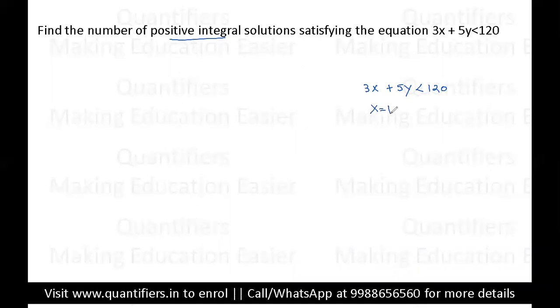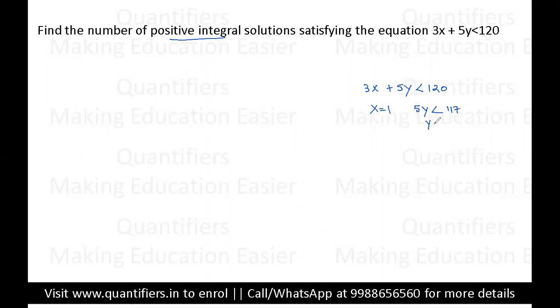Because the smallest possible value which x can take will be equal to 1. So students, now if x is equal to 1, we'll get 5y is less than 170. So students, now from here we will get many values of y.